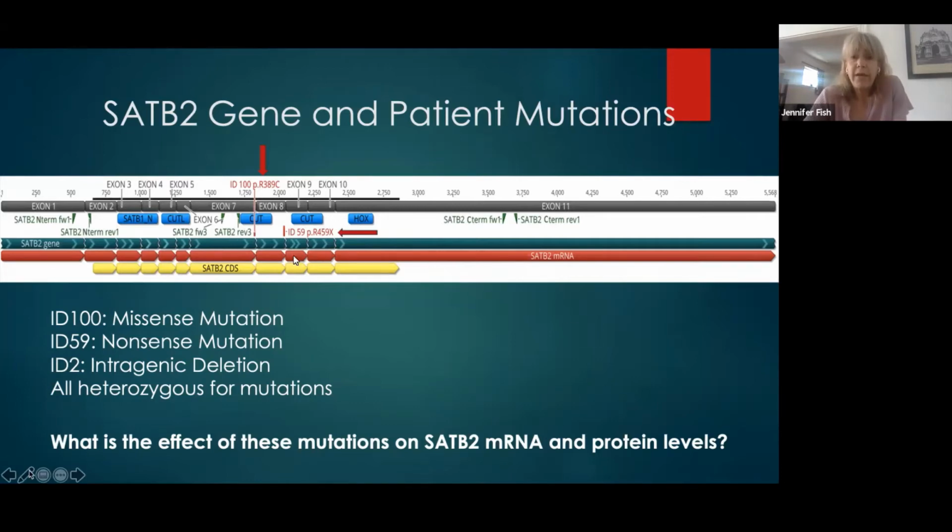The way that we can do that is, to quantify the mRNA, we extract RNA from these cells, and then we use what are called primers, which are small pieces of artificial DNA, if you will, that match or bind to the SATB2 gene. So then they can identify the SATB2 gene, and we use a sequencing technology to quantify the number of these little mRNA molecules.